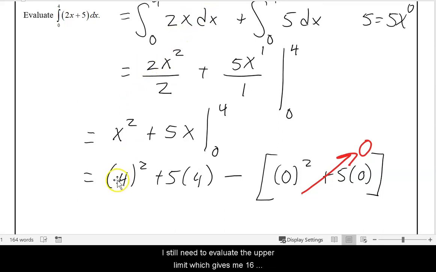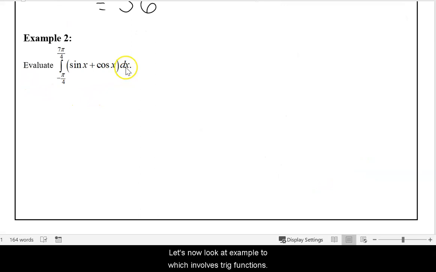I still need to evaluate the upper limit, which gives me 16 plus 20, which ends up being 36. That means that the area under the function 2x plus 5 between x equals 0 and x equals 4 is 36 square units.